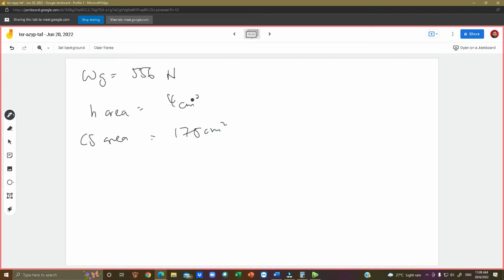Area ni lah. Kalau kata heel tu kan, kalau kita tengok bawah tapak dia kan selalu heel macam ni. Okay, and then court shoe is a shoe lah, normal shoe. So these are the surface area. Okay, so the area for court shoe is 175 cm square, and the area for heel, okay, noted to be 4 cm square.